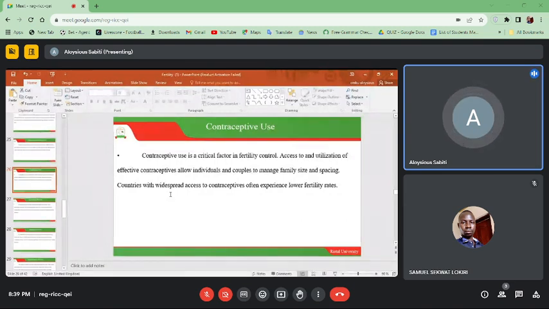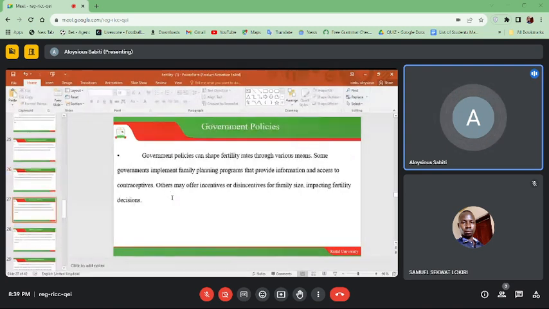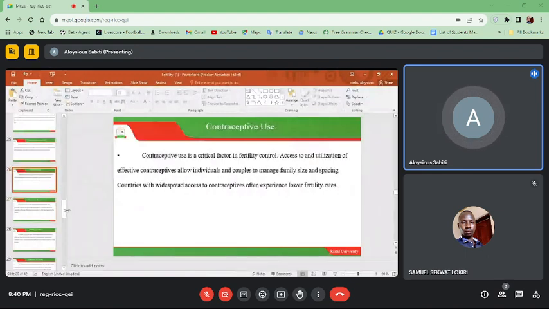So places or countries that have wide access to contraceptives often experience lower fertility rates. However, countries that have a low contraceptive uptake have high fertility rates in that regard.